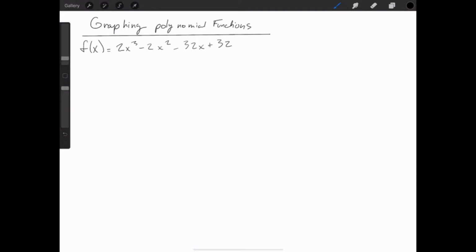So we can do this by making all the x's equal to 0. So f of 0 equals 2 times 0 to the third minus 2 times 0 to the second minus 32 times 0 plus 32. And that means all of these cancel out and f of 0 would equal 32, making our y-intercept 32.